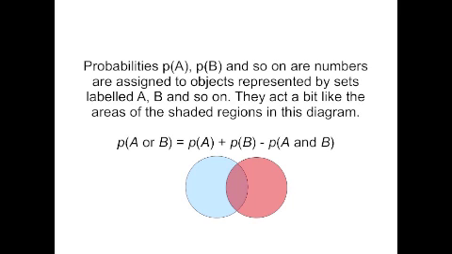The red area might represent P(A), and the blue area might represent P(B), for example. P(A or B), which is the probability of A or B or both, would then be equal to the area of the two circles minus the area of the overlap. That is, P(A) plus P(B) minus the probability of A and B.